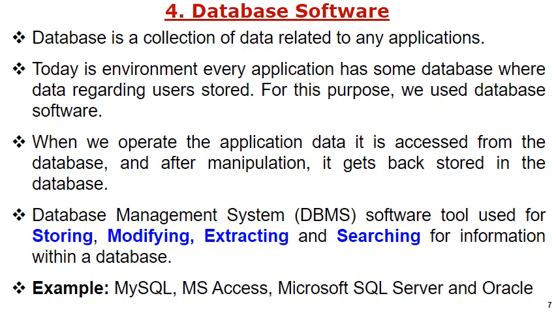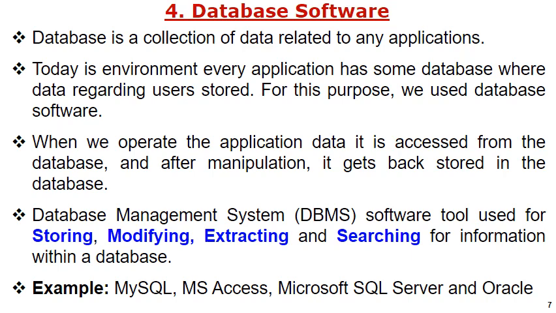So you need some kind of database. For example, suppose a student information system for a college: a student comes, and you take their data and store it. How and where do you store that data? You need some kind of database software, so database application software is needed.